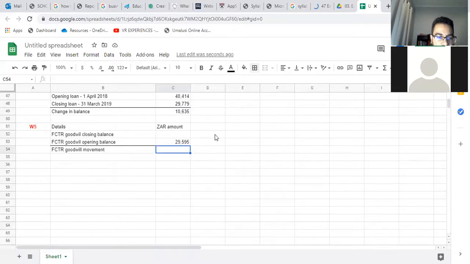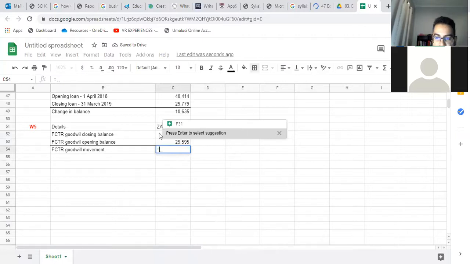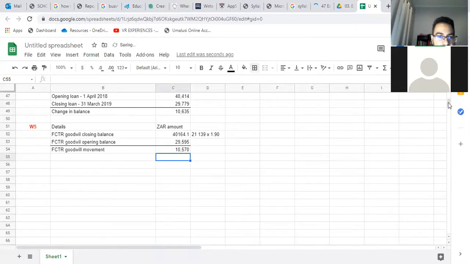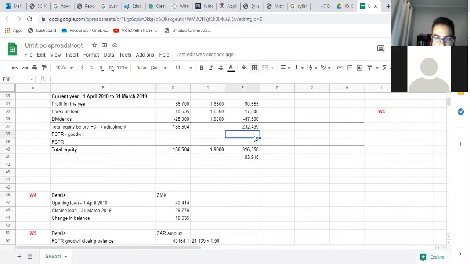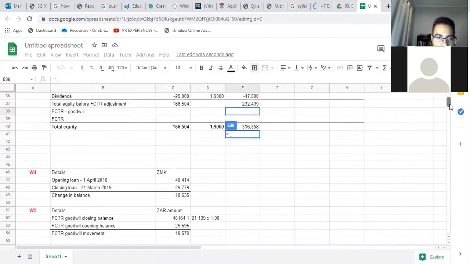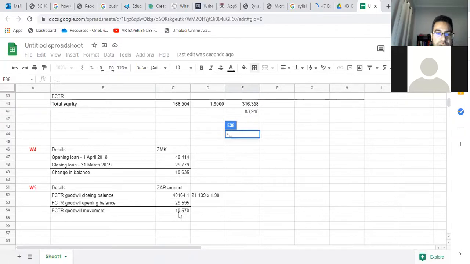So over here it's going to be 21,139 multiplied by the closing rate of R1.90. So the adjustment is going to be that minus that. So the FCTR goodwill movement is going to equal working 5, which is going to be that.